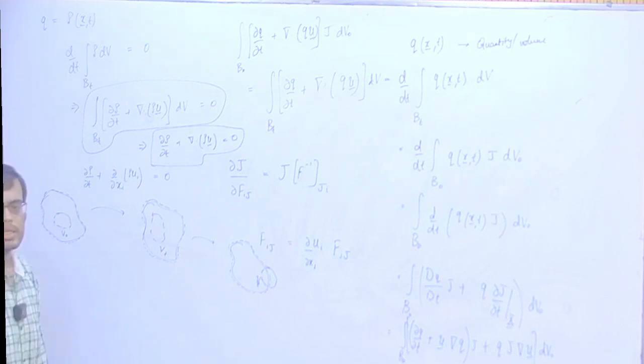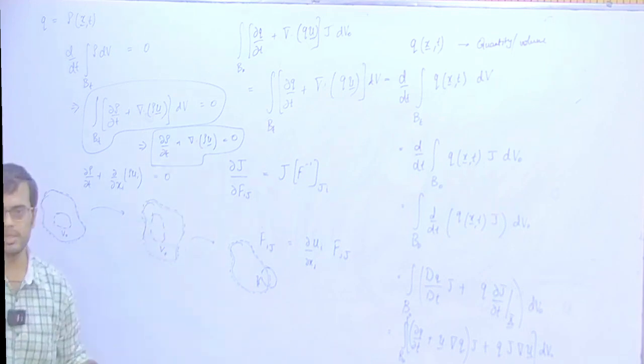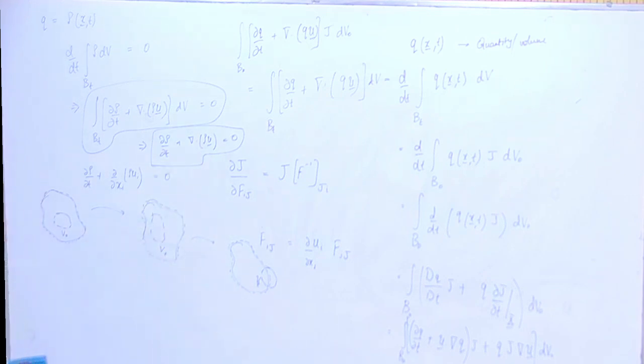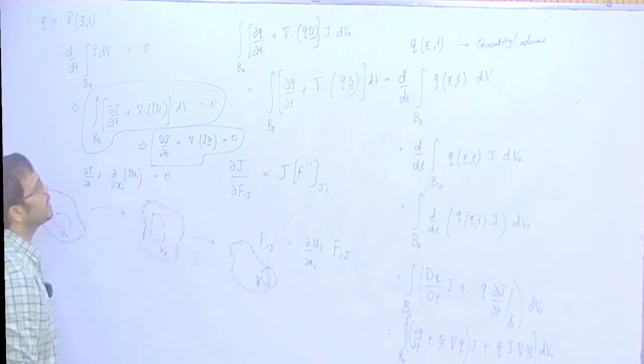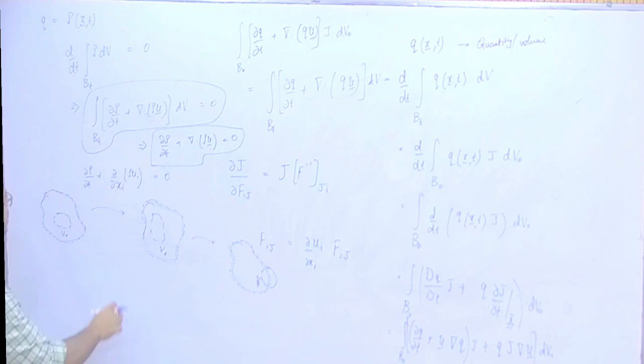If you want to write this in cylindrical or spherical coordinates, you will need the divergence relation for that particular coordinate system. You don't have to memorize it. You don't even have to write it in your formula sheets. If it is required anywhere, it will be given to you. So you have ∂ρ/∂t + ∇·(ρu) equals 0. That is the continuity equation.